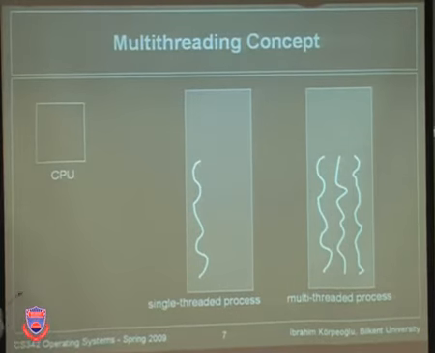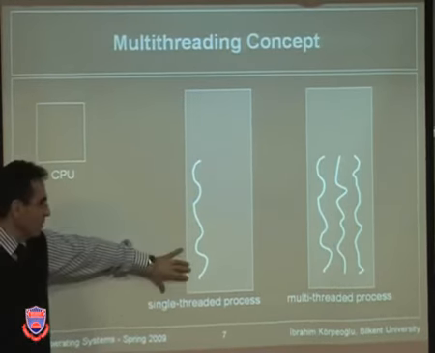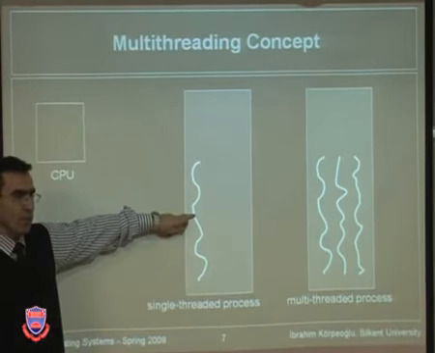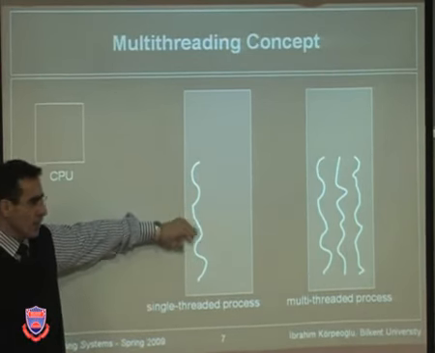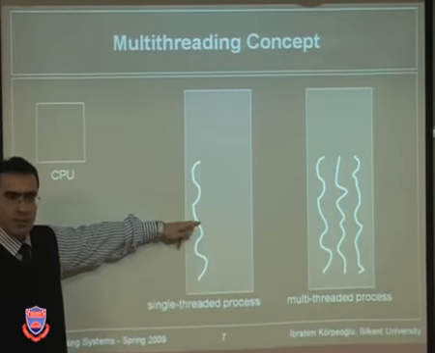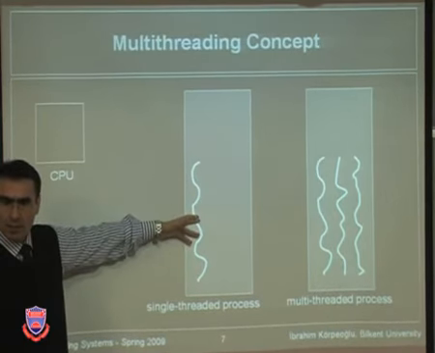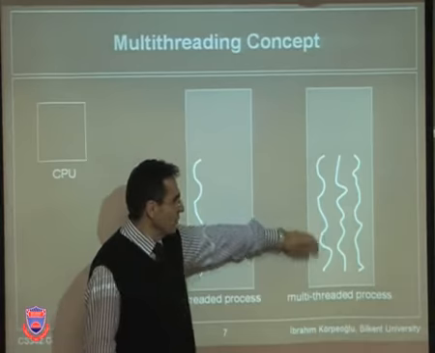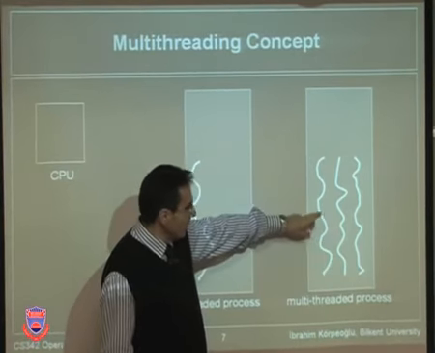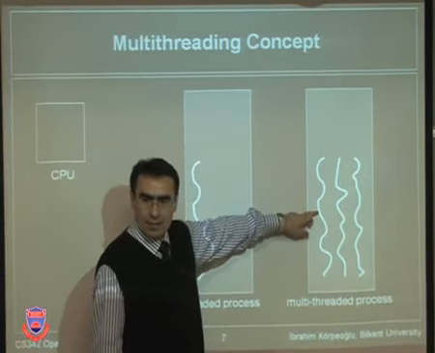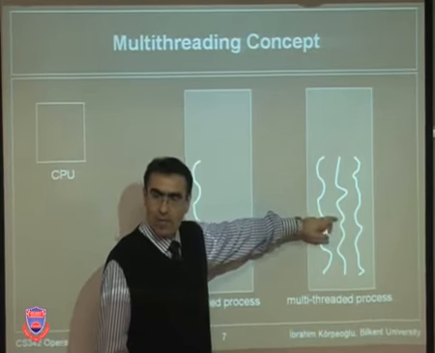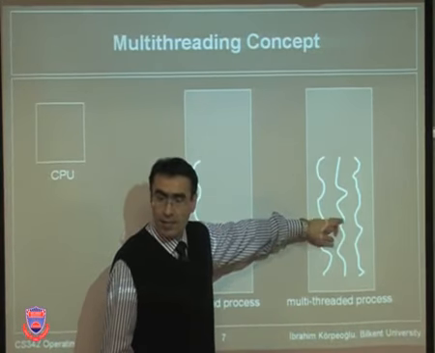If, for example, a single-thread process blocked for 10 minutes, no other activity can be done during this time. But if we consider this multi-thread process, and one of its threads has blocked for 10 minutes, you have another thread that could possibly run, and so on.